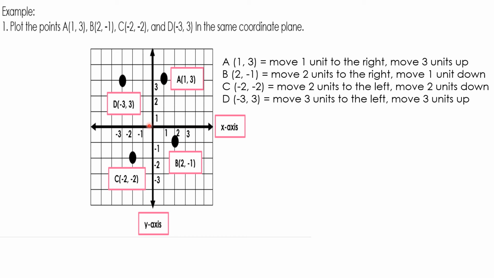From the origin, start at the starting line, and then move 3 units to the left, since negative 3: 1, 2, 3. And then you move 3 units up, since positive 3: 1, 2, 3. So our point D is located in the second quadrant.